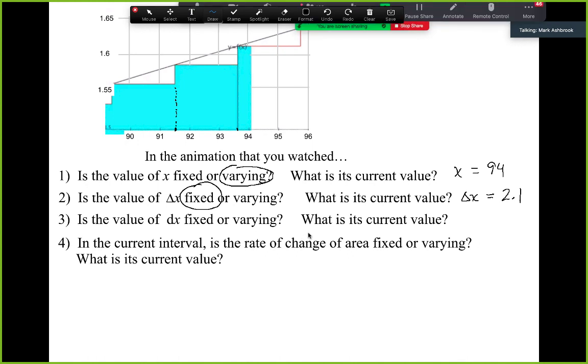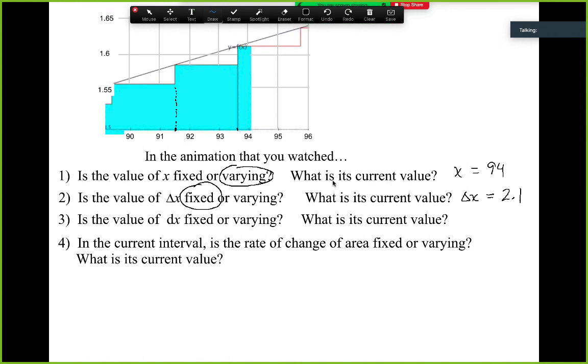Fixed or varying? As x varies, is dx, remember what dx was from last week? Varying. Yeah, it's varying. Remember what dx was? dx is the amount of variation so far in the current interval. In a new interval, dx starts at 0, and then it increases until it reaches what value?